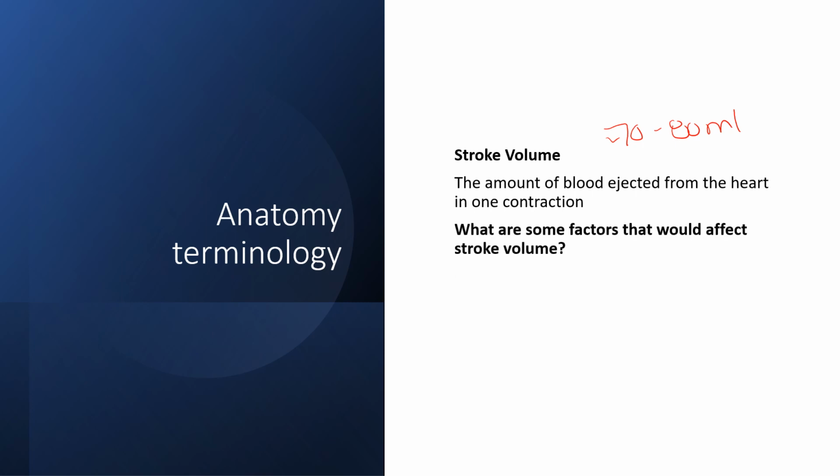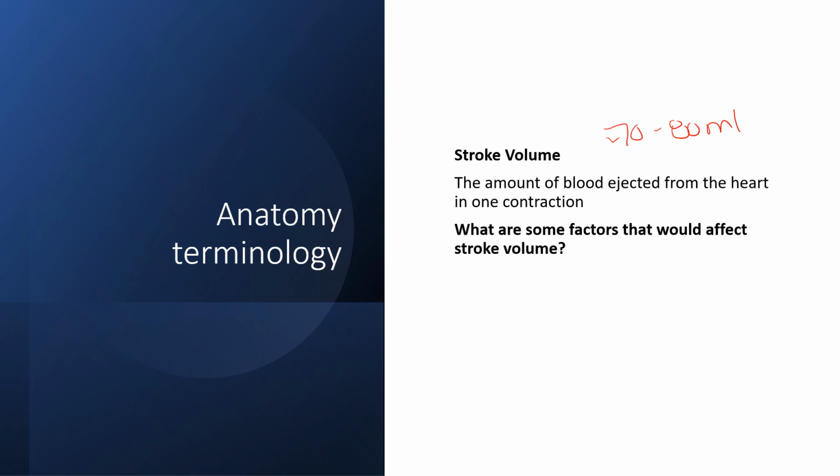Similarly, as in our previous slide, we're going to look at some factors that affect stroke volume. We said factors that affect cardiac output are heart rate, stroke volume, contractility of the heart, preload and afterload, which we mentioned.